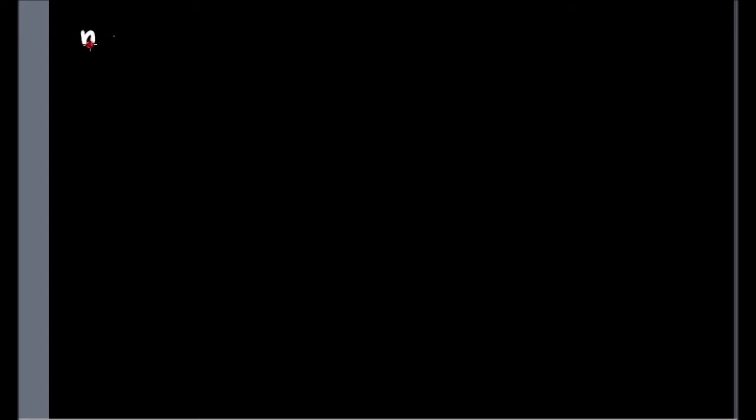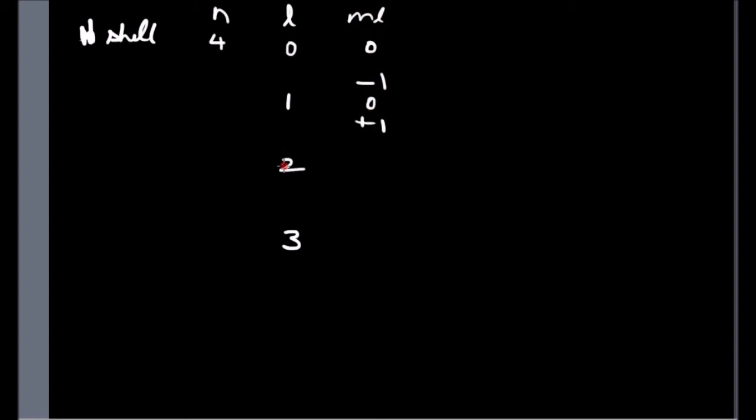For N shell, N value is 4, L value 0, 1, 2, 3, ML value will be 0, minus 1, 0, plus 1, and here it will be minus 2, minus 1, 0, plus 1, plus 2, and this will be minus 3, minus 2, minus 1, 0, plus 1, plus 2, plus 3.